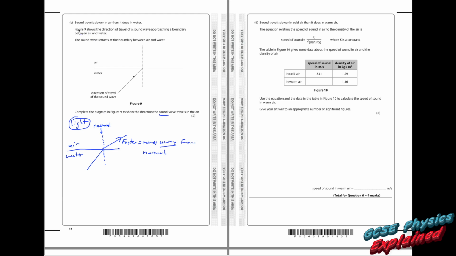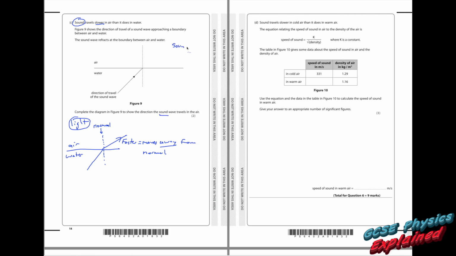Now, this is talking about sound. And it says that sound travels slower in air. So as it's coming out, it's not speeding up, it's actually slowing down. So if something slows down, it moves toward the normal. So over here, remember, light speeds up, so it moves away from the normal.